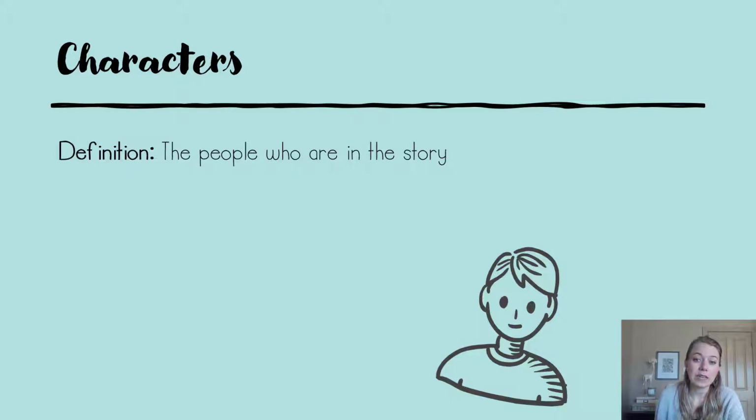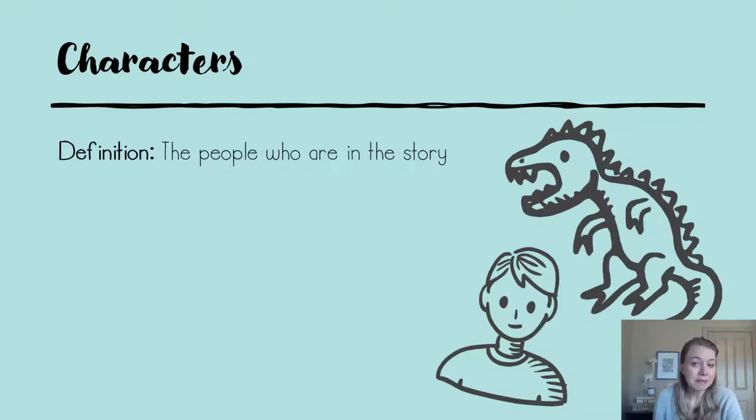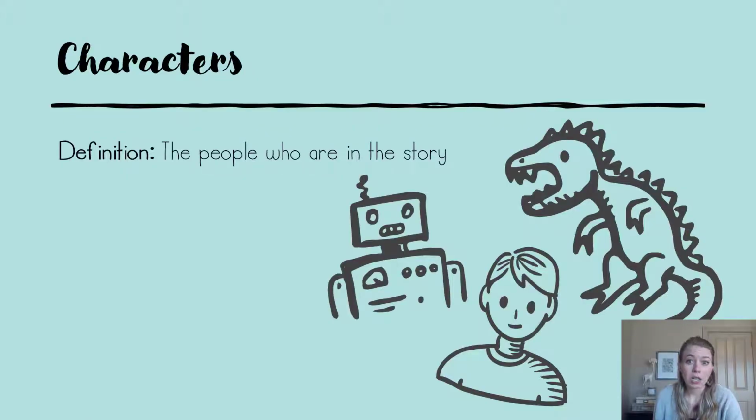It could be Godzilla, so a monster. Could be a robot. If they're a character, they're talking, they're interacting, they're important to the story, even though it says people, not necessarily human people.